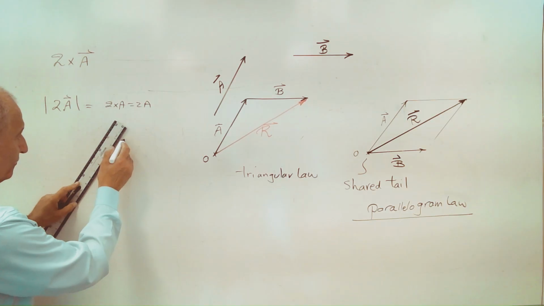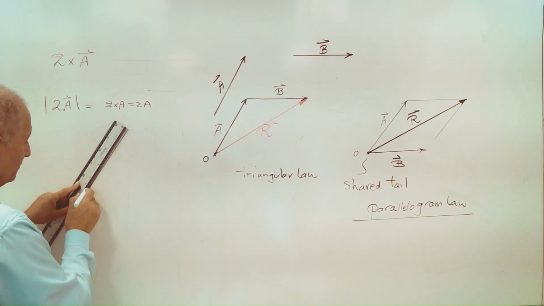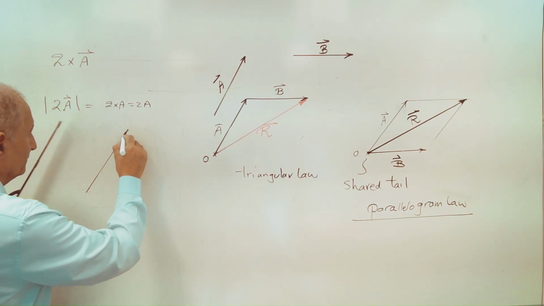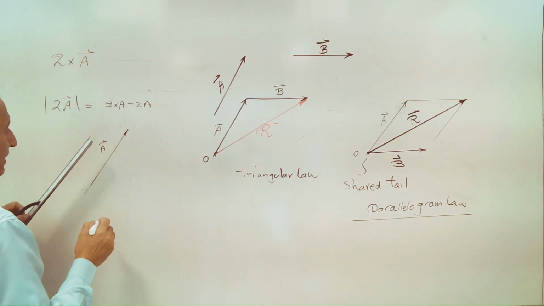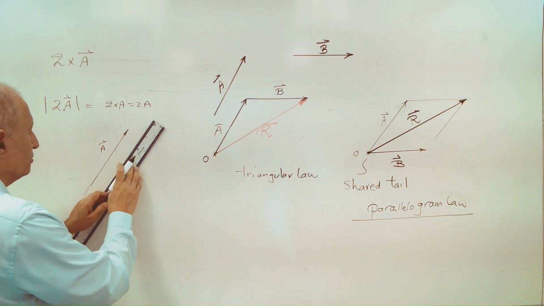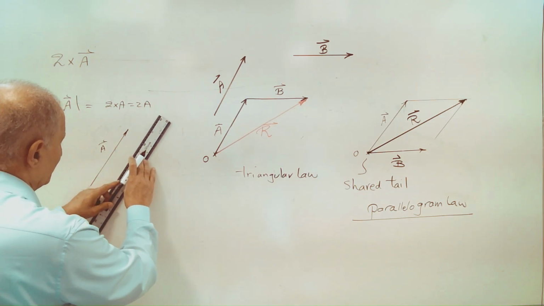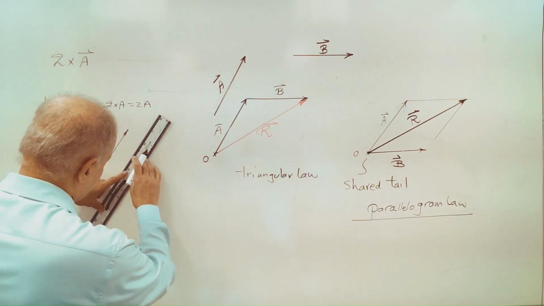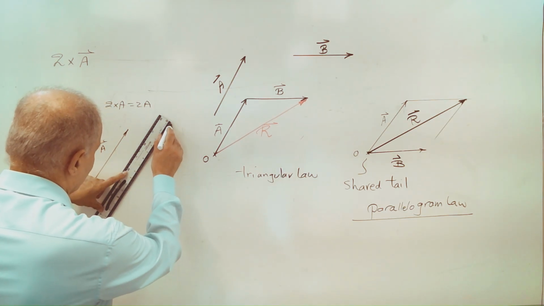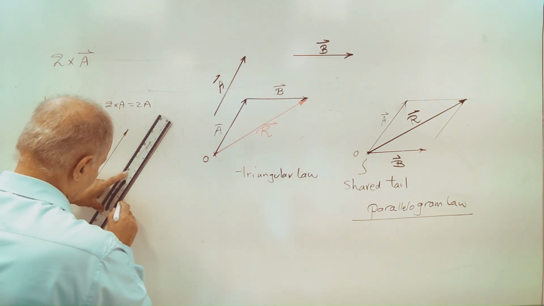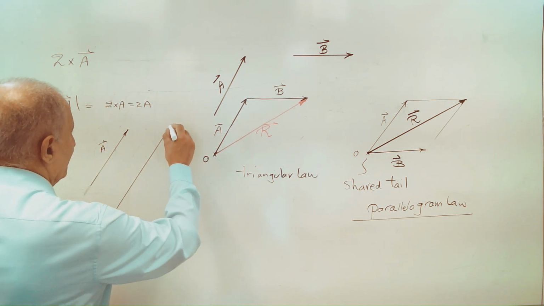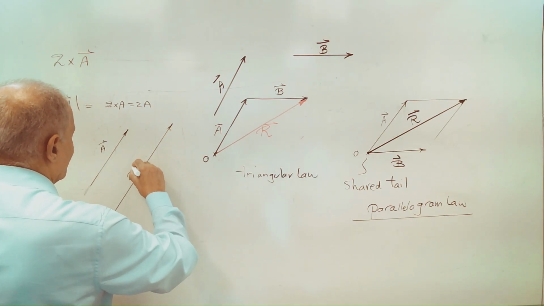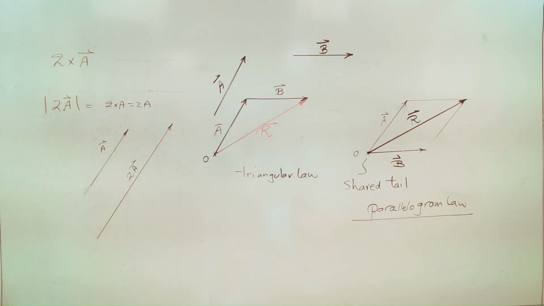It's a free vector. I draw 9 inches. This is vector A. And if I multiply by 2, it is another vector which has how much? 18 inches. That's 2A.